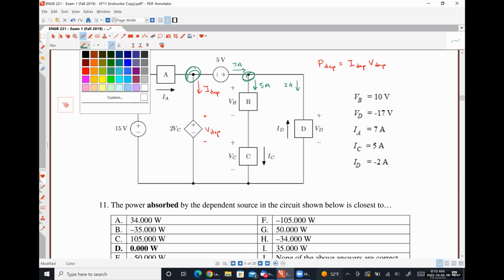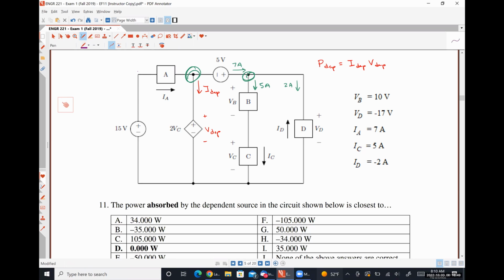To figure out VC, I would do KVL around this loop because I would have negative VC minus VB plus VD is equal to 0, where VB and VD are known quantities. From there, I know VC, twice VC is V dependent, and then I've gotten whatever that voltage is.